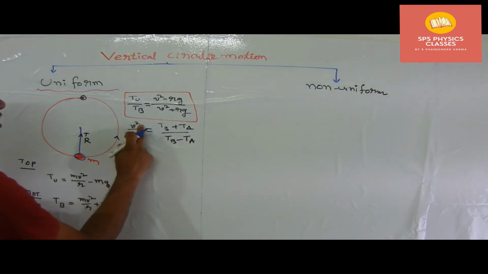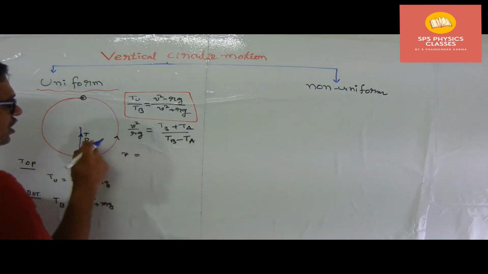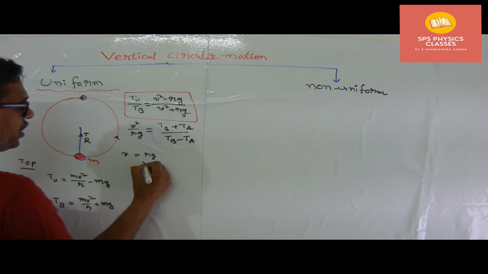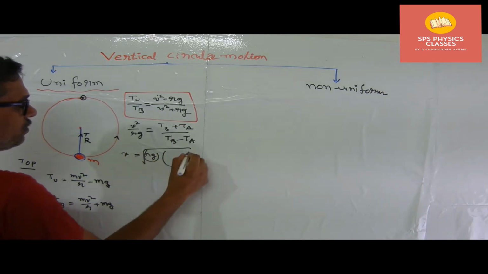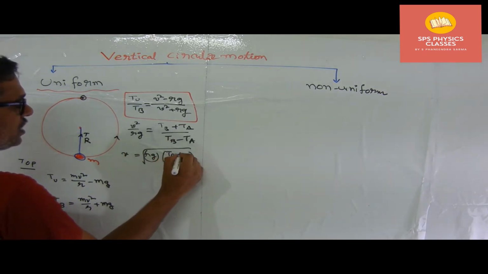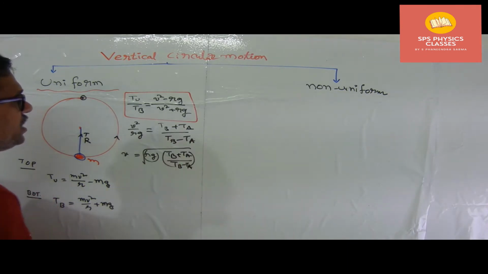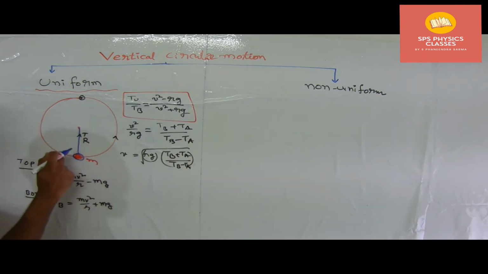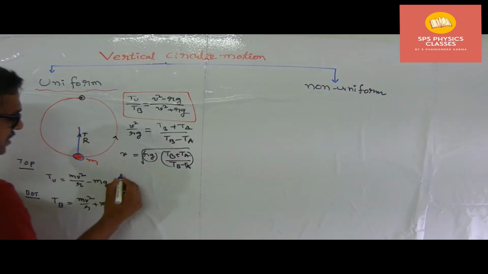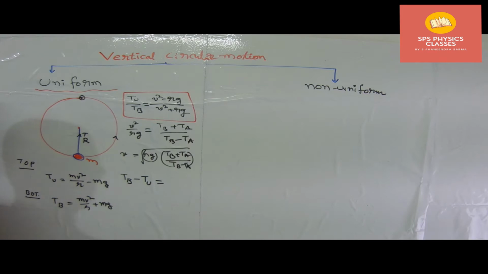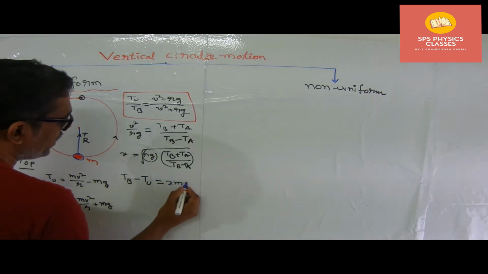Now I need the value of velocity V. Therefore the velocity with which it is moving in the system is given by the square root of Rg into (Tb plus Tu) divided by (Tb minus Tu). The difference between the tensions here and here, that means tension at the bottom minus tension at the upper, is always equal to 2 mg.